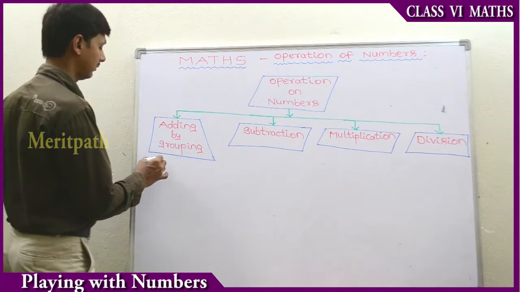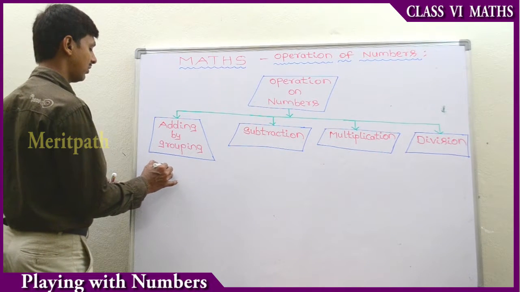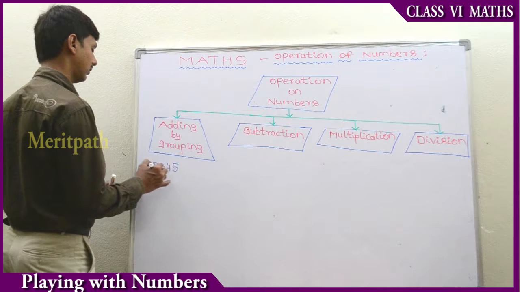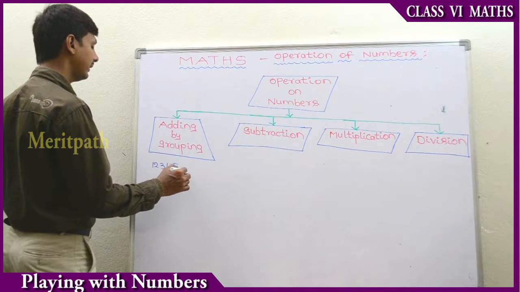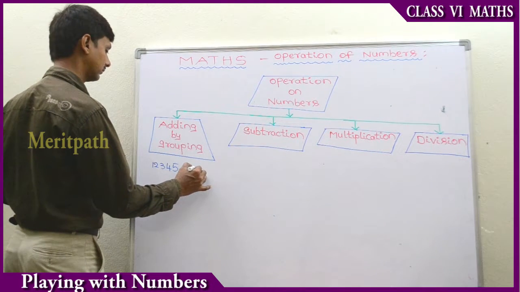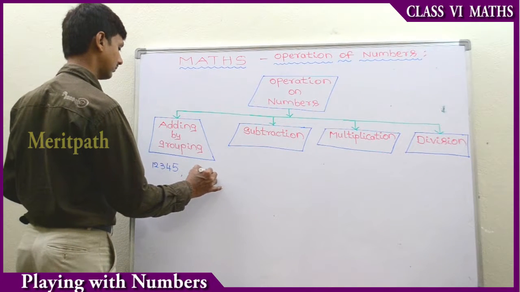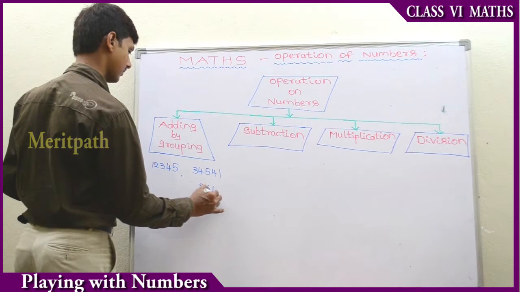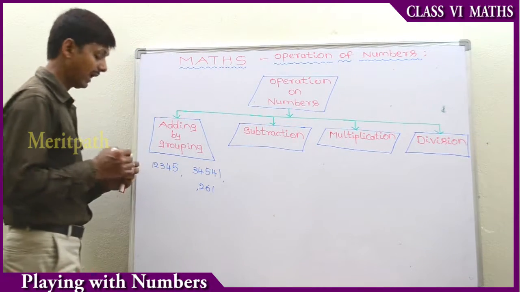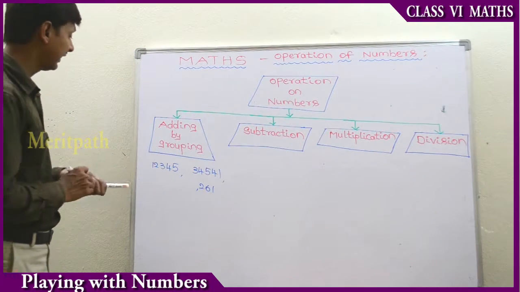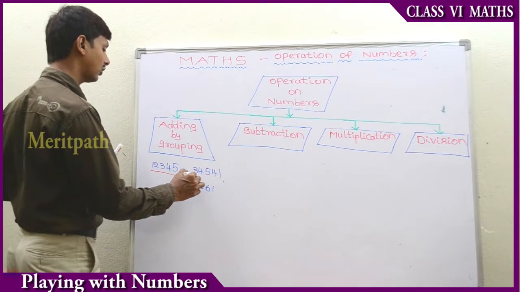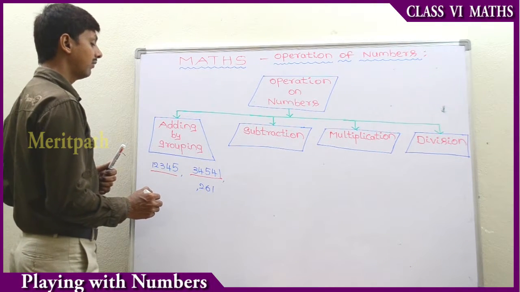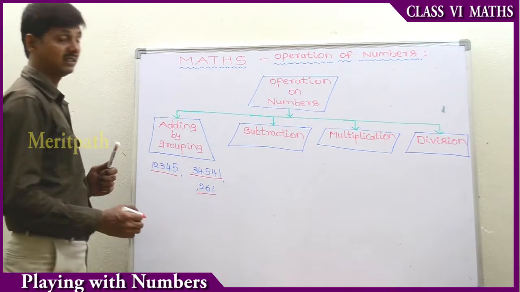We have some numbers like 12,345. We got three numbers here: 12,345, 34,541 and 261.